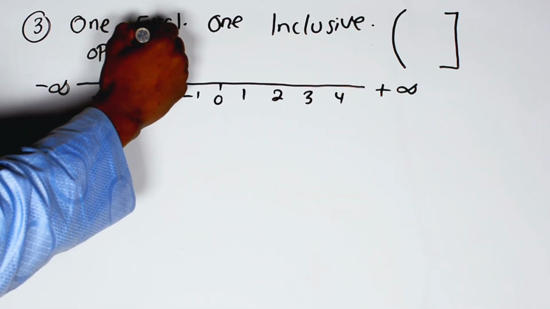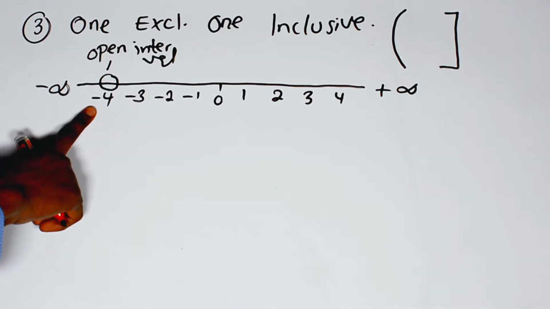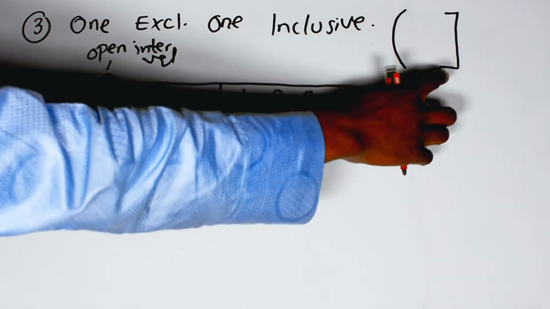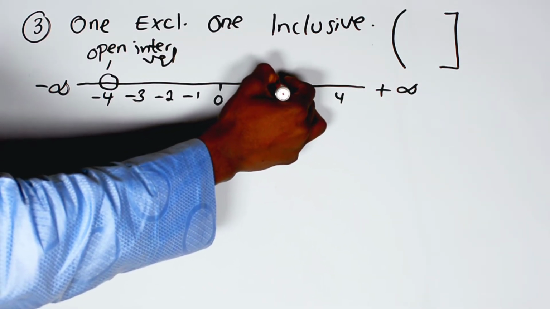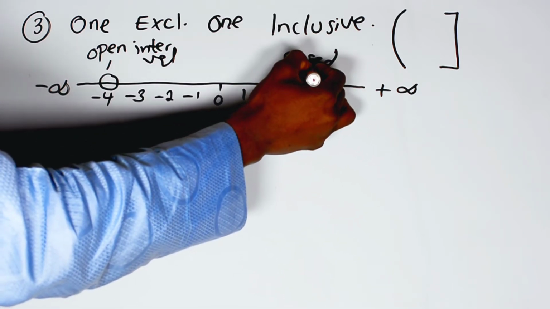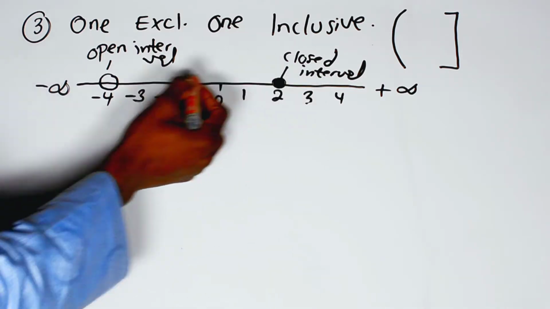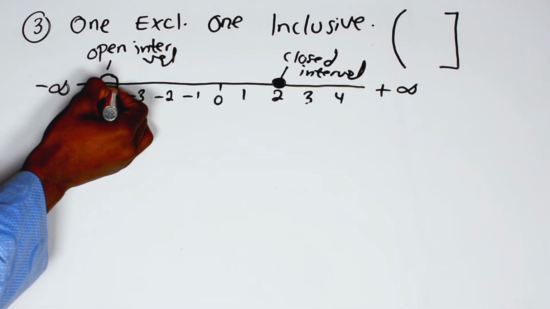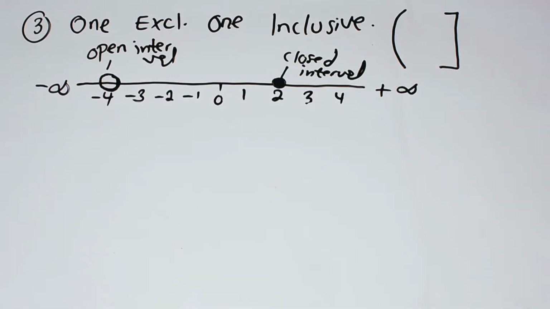This open circle shows that -4 is excluded in our domain or range. And let's say +2 inclusively. This will be a closed dot, that is a closed interval. So now this shows that an open interval is excluded, but a closed interval is included.